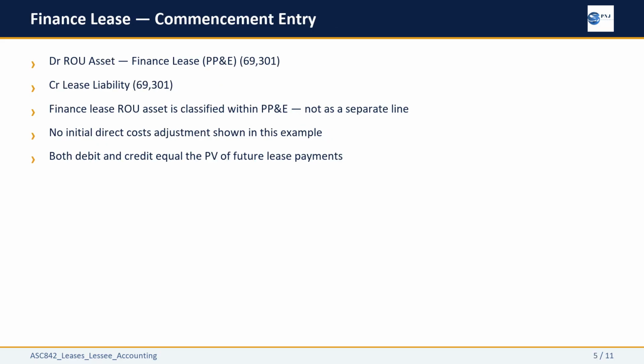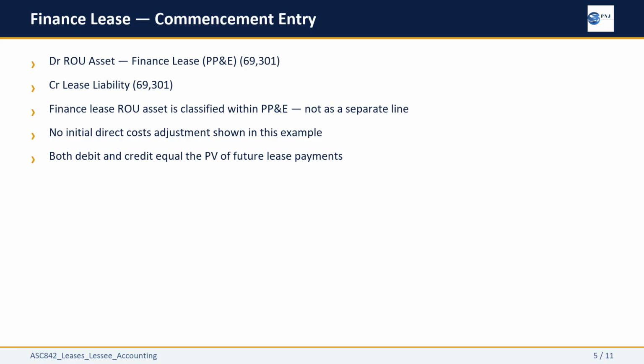The finance lease commencement entry is simpler when there are no initial direct costs or incentives. Debit the ROU asset finance lease, which sits within PP&E, for $69,301, which is the present value of 4 annual payments of $20,000 at 6%. Credit the lease liability for the same amount. Note the classification.